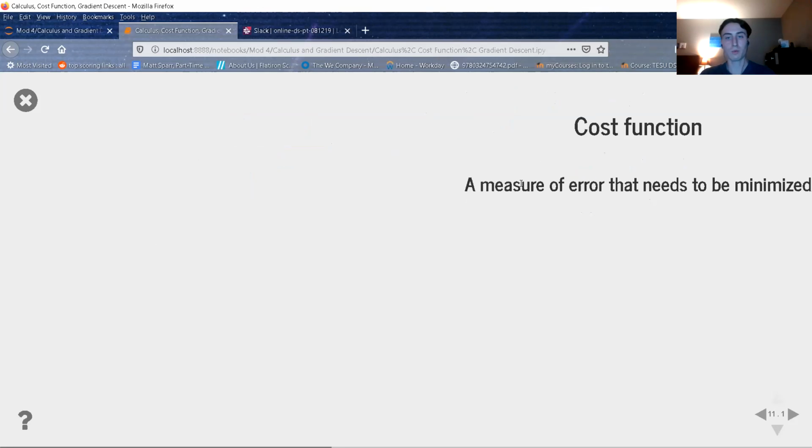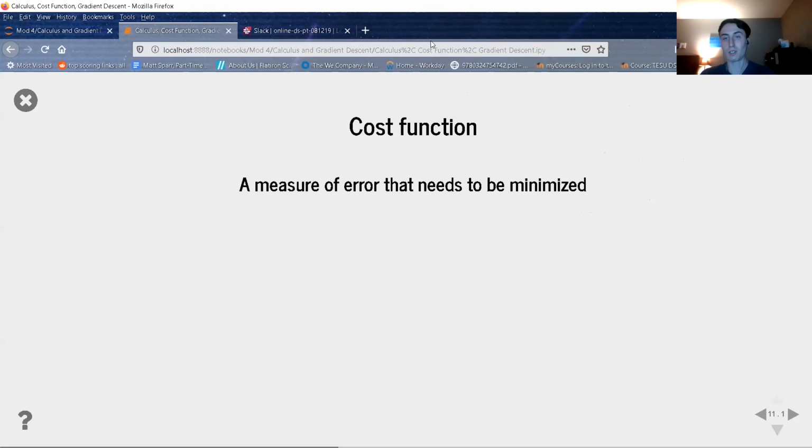So where this comes into play is what's known as the cost function. The cost function is also sometimes called the loss function. It's basically some measure of error, some equation that tells us how good or bad of a job our model or whatever we're doing is doing performance-wise. And we're basically trying to minimize it. So you can see how we'd want to involve finding the derivative of it.